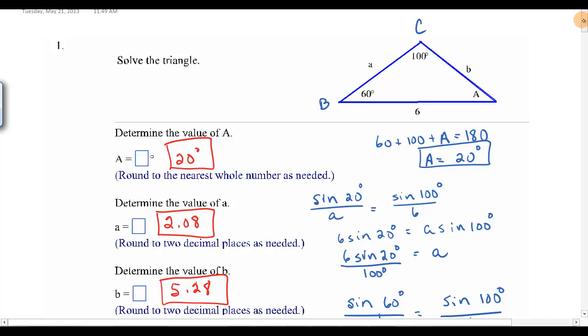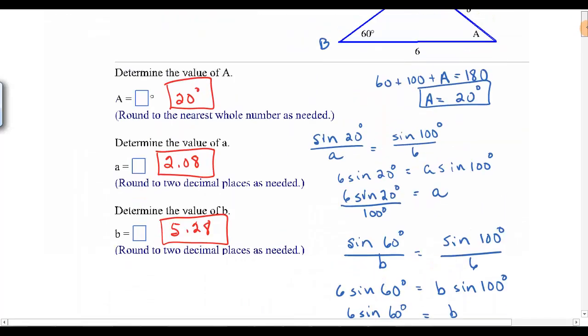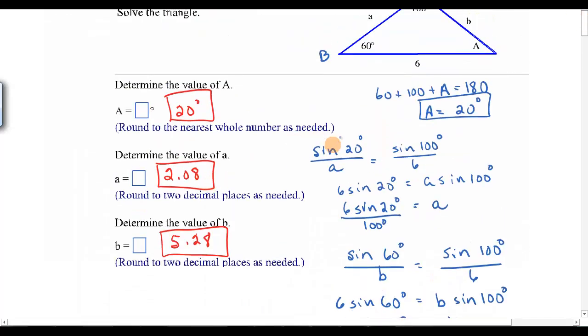So we know that angle. Then we can find side A: sine of 20 over A equals sine of 100 over 6. Cross multiply: 6 sine 20 equals A sine 100.